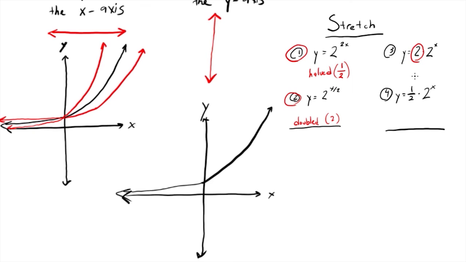So this would be doubled in the y direction. So here we would see that when x equals 0, we'd have 2 to the 0 power, 1. 1 times 2, we would see that it would be crossing the y-axis at 2. Then for every value we have, it would be increasing by double that amount and have the same characteristic towards the left, towards the negative x.